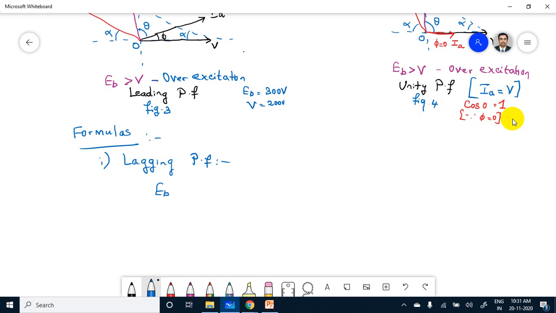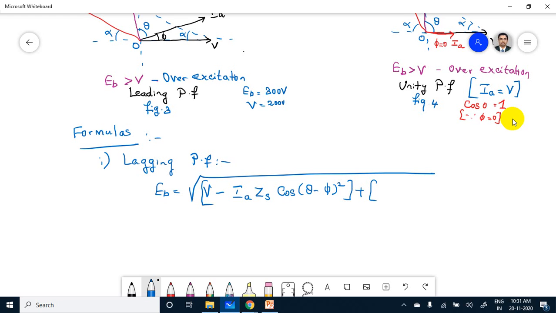The EB formula: EB equals square root of (V minus IA ZS cos of (theta minus phi)) whole square plus (IA ZS sine of (theta minus phi)) whole square.